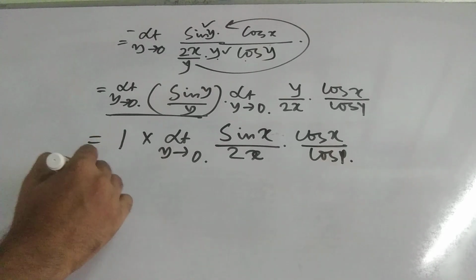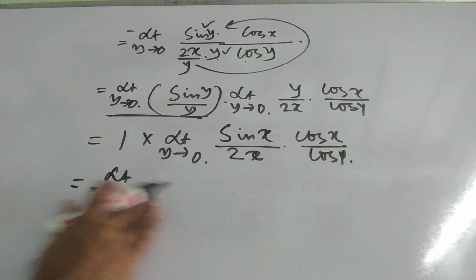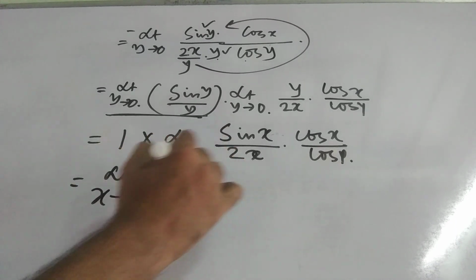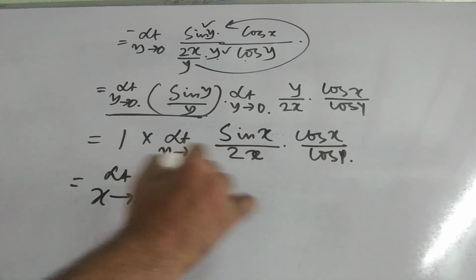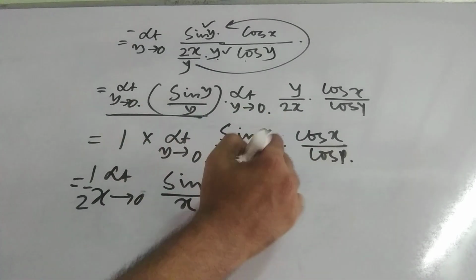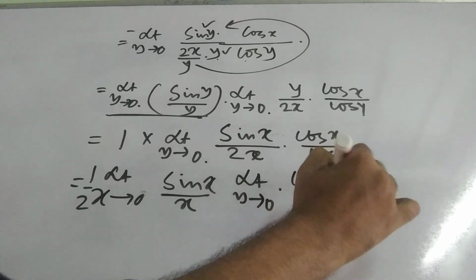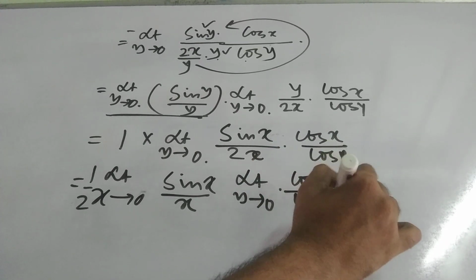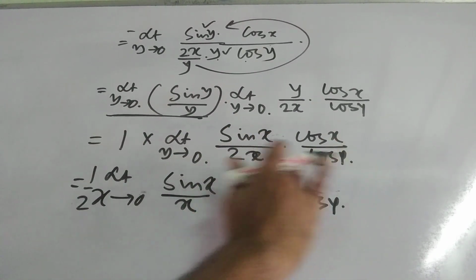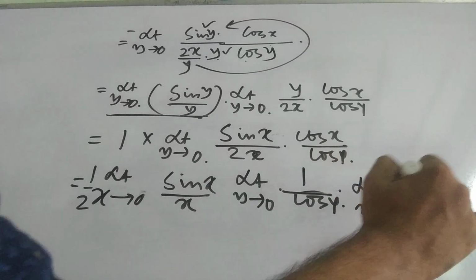Here I will again separate it as limit y tends to 0, that means as per our expression I can write limit x tends to 0, because y is sin x. So I am separating out sin x by x. I am taking half outside the limit, and the next pending part is limit y tends to 0 cos x by cos y. Or I can write it as limit x tends to 0 1 by cos y into limit x tends to 0 cos x.